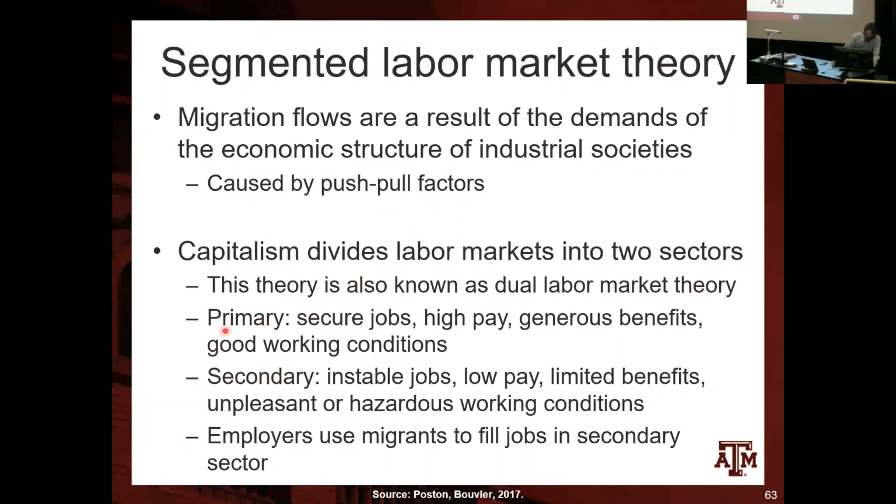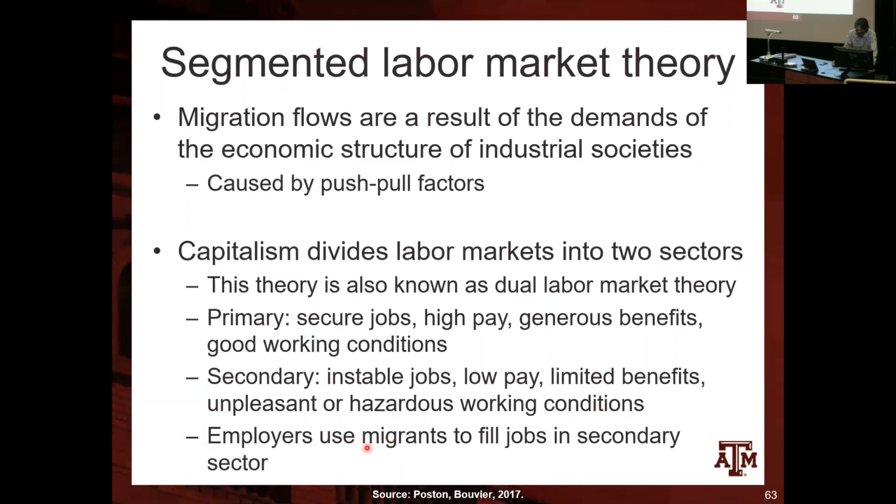The primary sector usually has more stable jobs, jobs with higher earnings, better benefits for retirement, health insurance, and so on, good working conditions. And the secondary sector has more unstable jobs, low-paying jobs, limited benefits to the workers, and more unpleasant, hazardous working conditions.